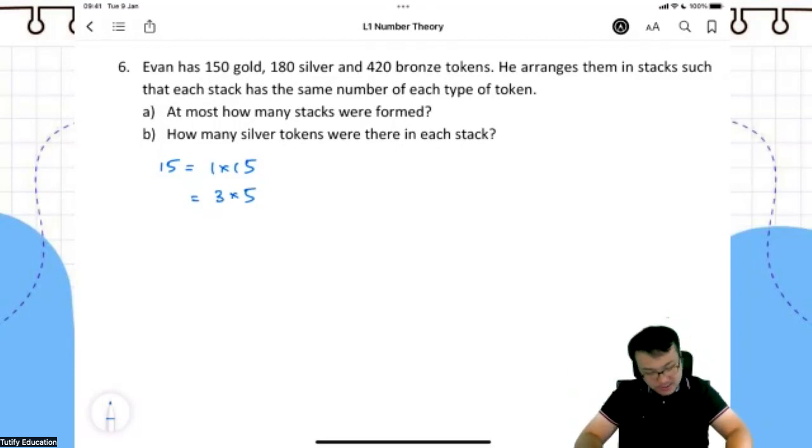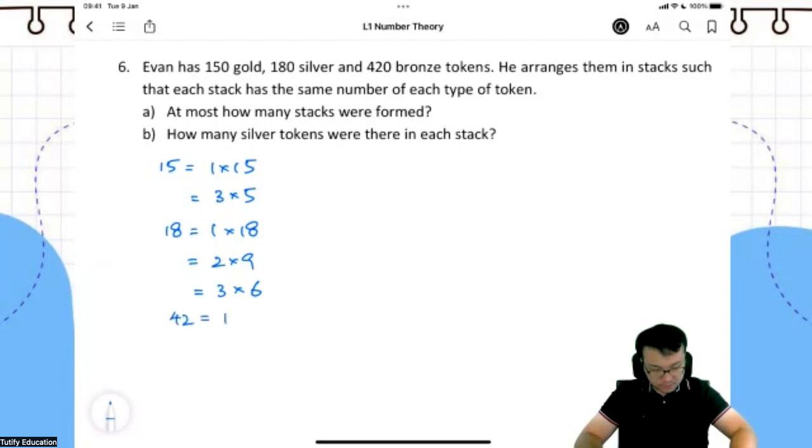Now let's try the next number. What's the next number? 18. Yes. 1 times 18, 2 times 9, 3 times 6. Nice. Very good. Very fast. Next, what is the next number? The next one, 42.